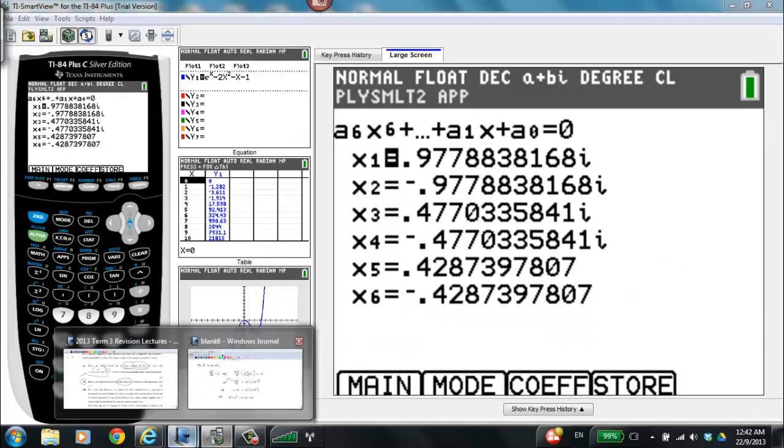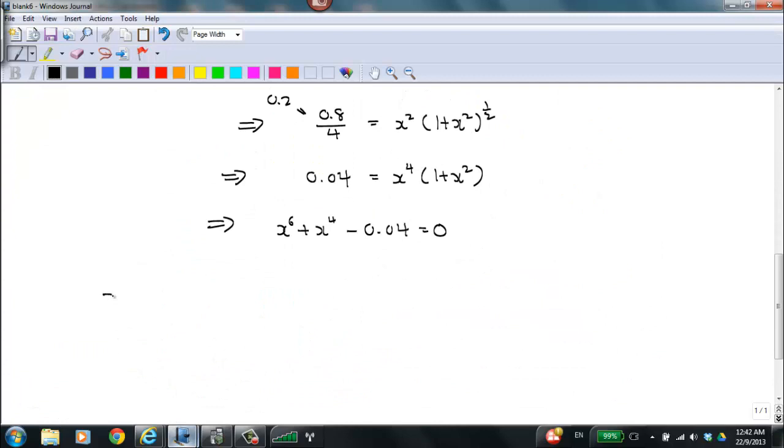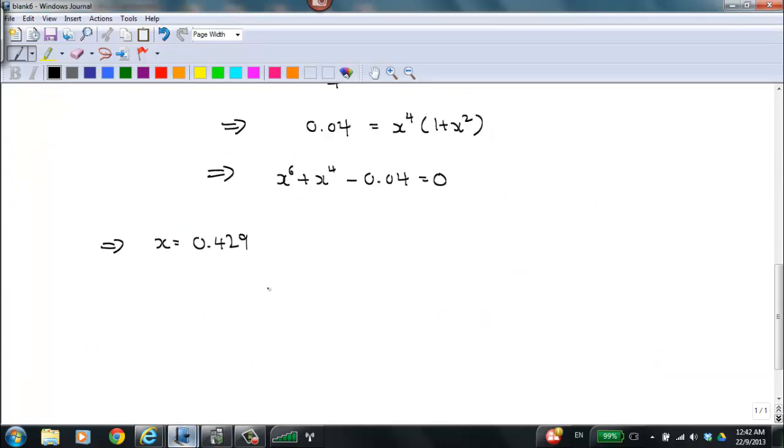So this implies that x equals 0.429. Okay, and do a check.